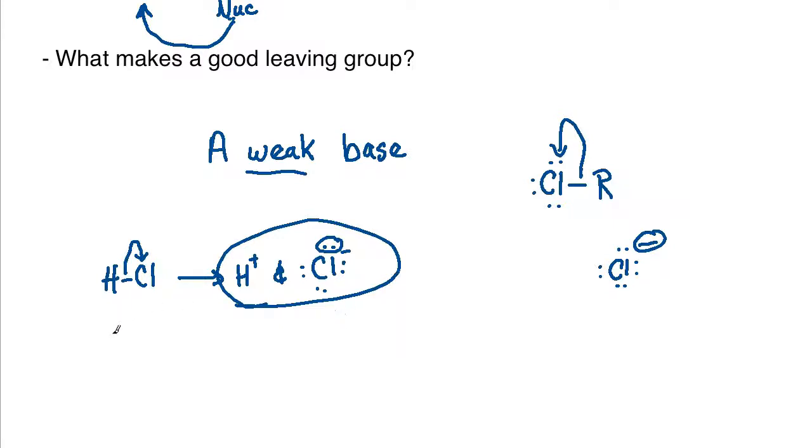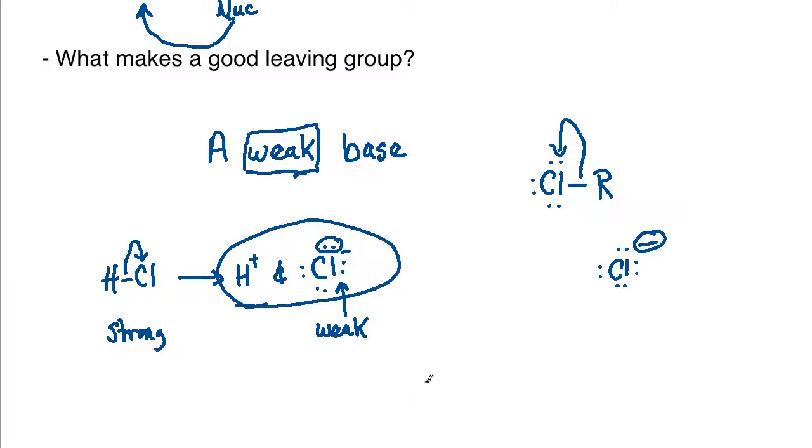So, as we learn in general chemistry, if this is going to be a strong acid, we end up with a weak base. And when we have weak bases, they tend not to be reactive. They tend not to interact with much in solution. They're able to just sit and coast in the solvent where they are. And that means that they would make excellent leaving groups.